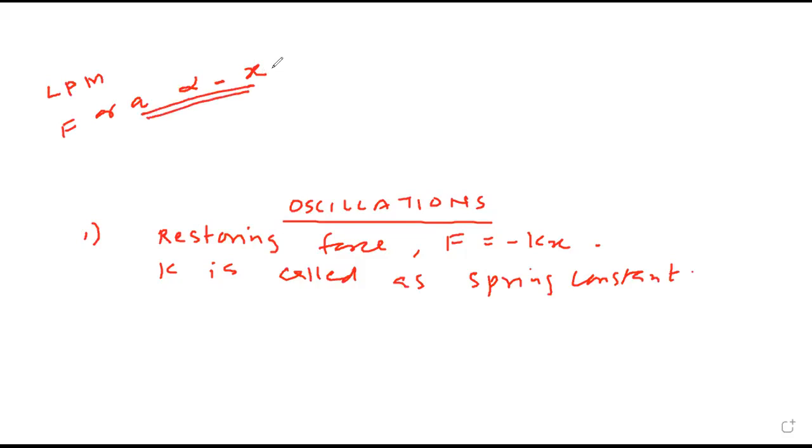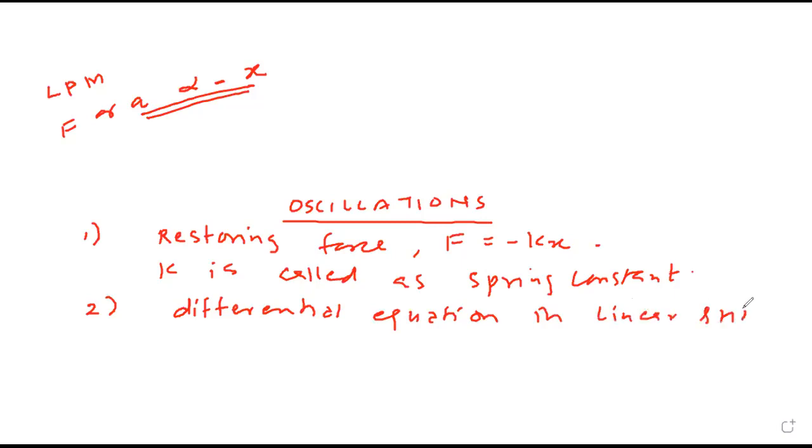So we write F equals minus Kx. What is the differential equation in linear SHM? d square x upon dt square plus omega square x equals 0.